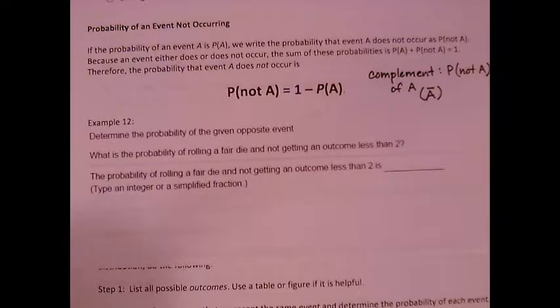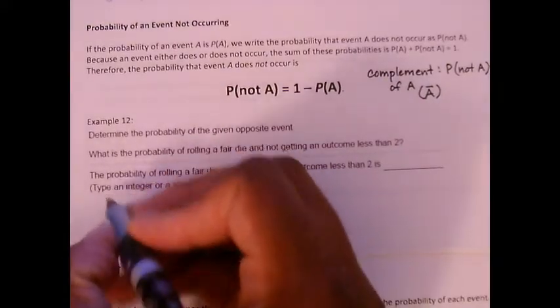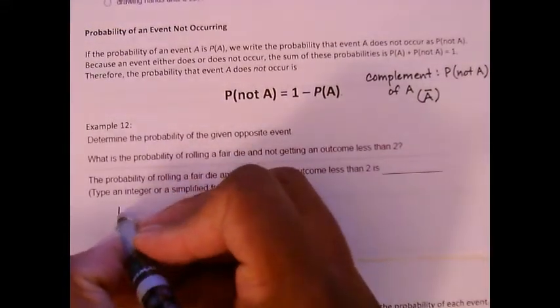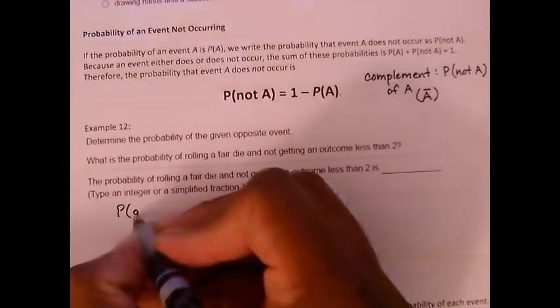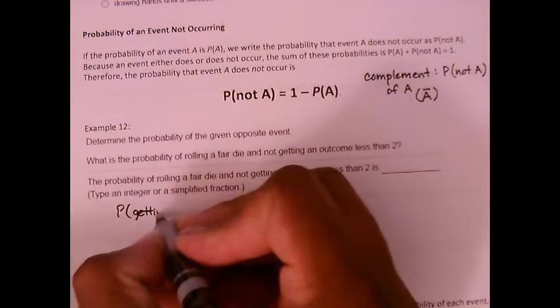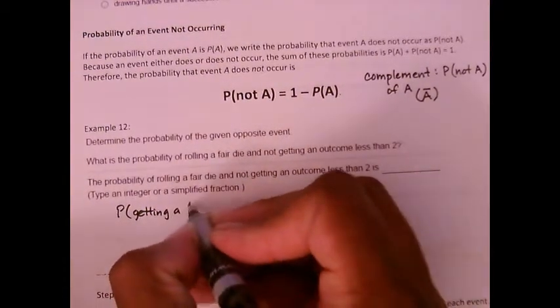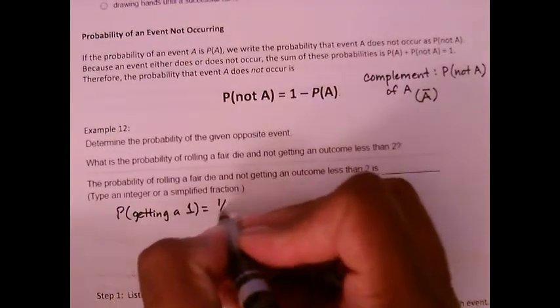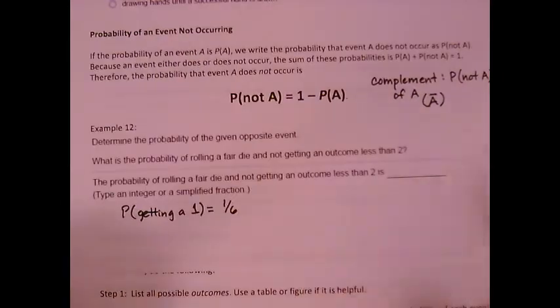The probability of getting an outcome less than 2, well, less than 2 means if we're rolling a fair die, anything less than 2 will have to be just the 1. So the probability of getting a 1 will have to be 1 out of 6 because there's only 1, 2, 3, 4, 5, and 6 on a single die.